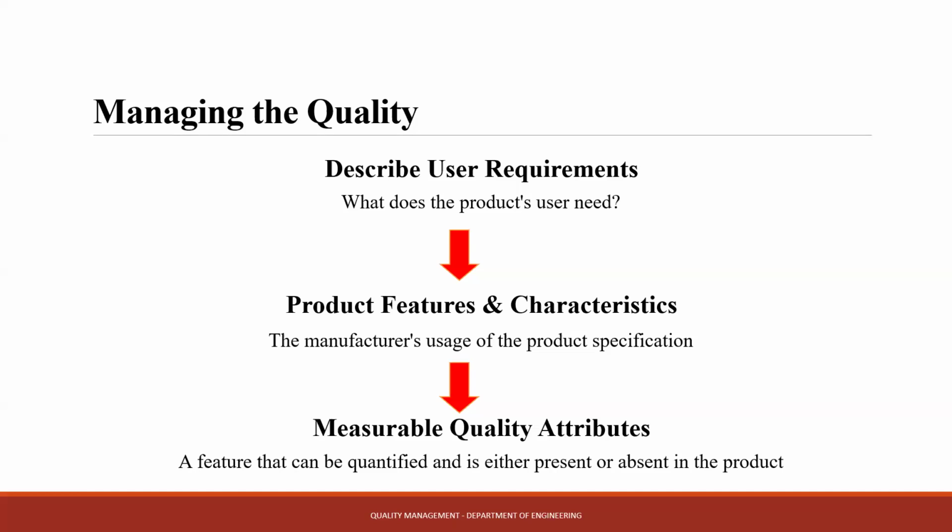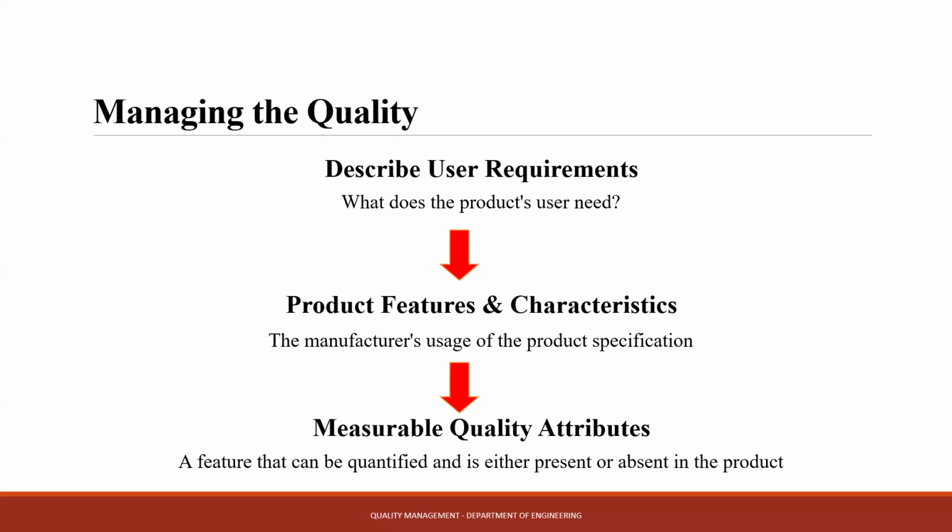Understanding this need is very crucial, as it helps the manufacturer or the organization to design products that align with customer expectations. For example, if your user needs a smartphone with long battery life, then the manufacturer must incorporate that feature into their design in order to meet the requirements. That is how first we identify the requirements and then we go for the designing part.